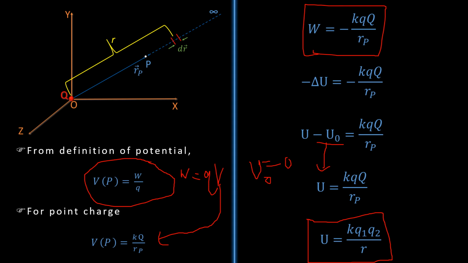When the charges are opposite, they are bound by the attractive force, and hence the potential energy is negative. And if the charges are under the influence of repulsive force, they are trying to go away from each other, and hence potential energy is positive. They are not comfortable, so potential energy is positive.